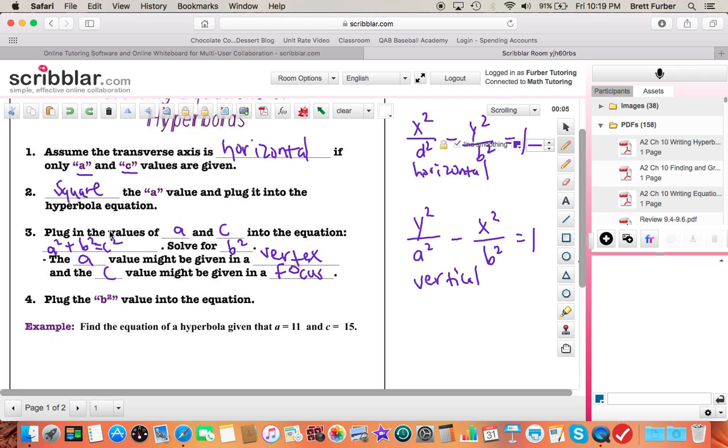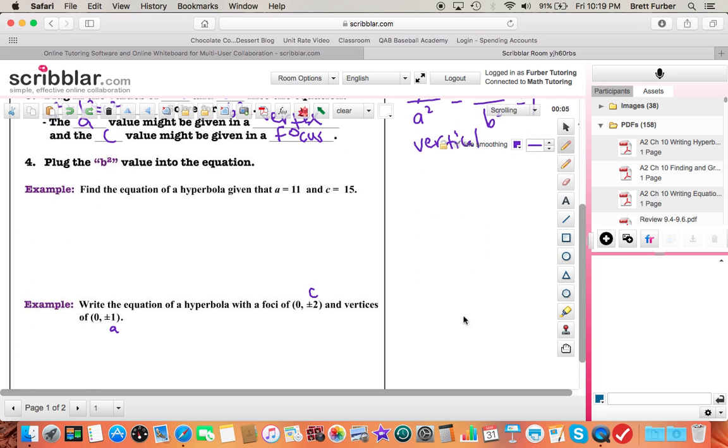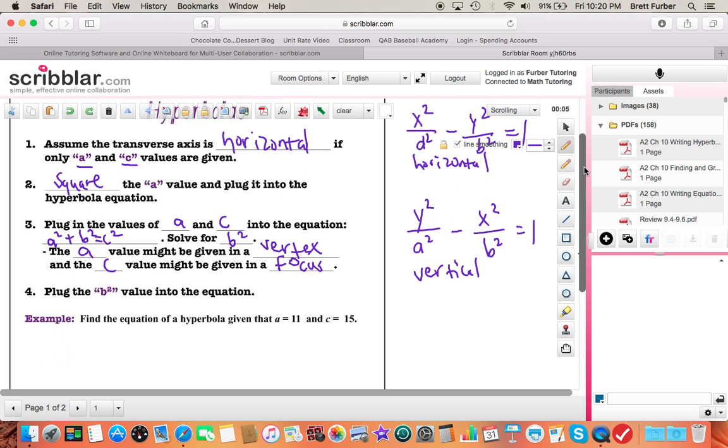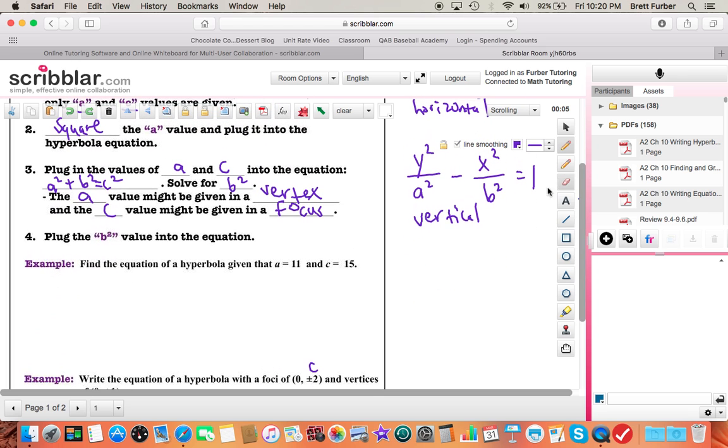Once we are given that, we're able to determine whether it's vertical or horizontal, because we can look at where the point is written. If it's in the y value, then we know it's vertical. If it's in the x value, then we know it's horizontal. Okay, so let's try the two examples.